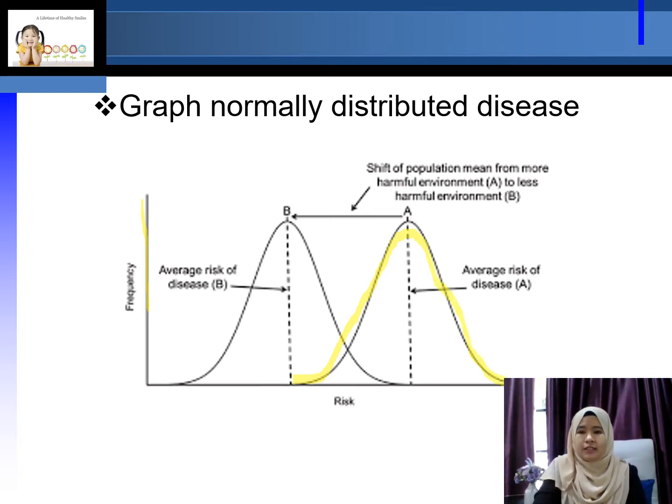So this is the midpoint. You can see that the average risk of the disease is higher here.